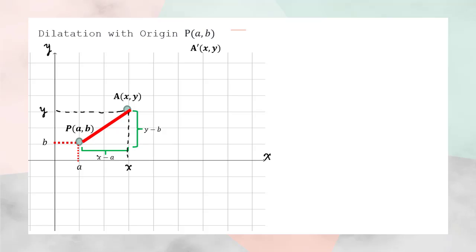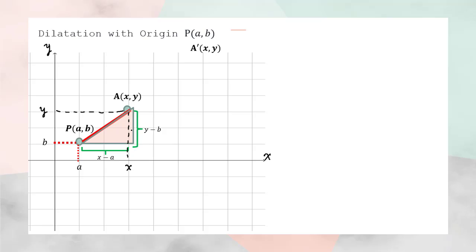Now we can sketch the right triangle with hypotenuse PA and legs x minus a and y minus b. Because we want to resize this triangle k times with the scale factor, the legs of the triangle will be k times bigger than the small triangle.